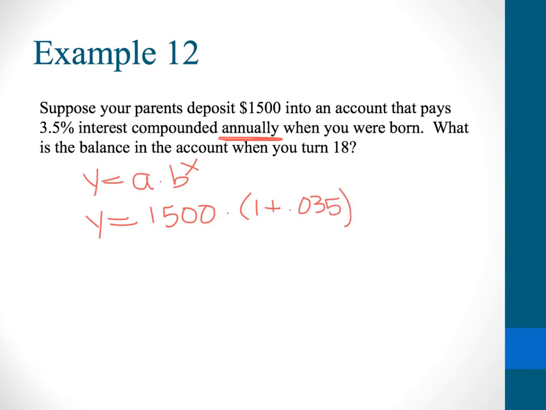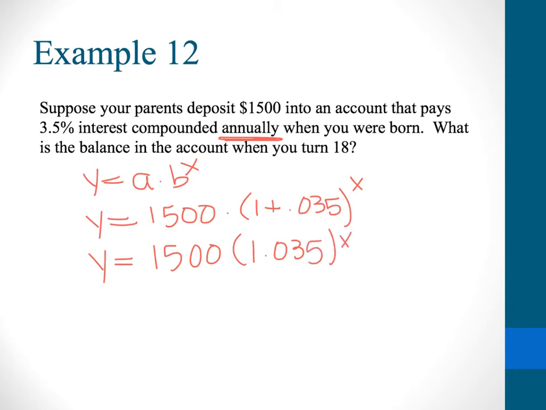Don't forget to convert that percentage to a decimal. And then we're going to raise this to the power of x. So this is my standard equation. So I end up with y equals 1,500 times 1.035 raised to the power of x.